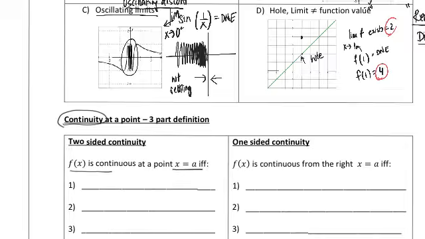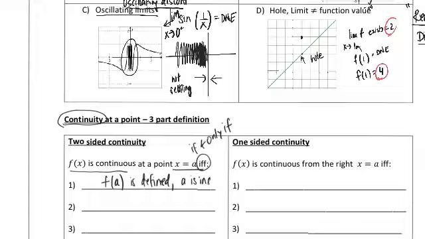So f of x is continuous at x is equal to a if and only if three things happen. First, the first thing that has to happen for a function to be continuous at a particular x value is that f of a is defined, which means that a is in the domain of f.